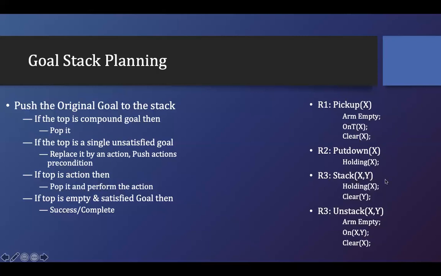Stack XY means we are putting X onto Y. Unstack XY means we are unstacking X from the top of Y, putting X down on the table, and the top of Y becomes clear. So I don't have to write the effects here. We know the preconditions, and we know what will happen when we do these actions.